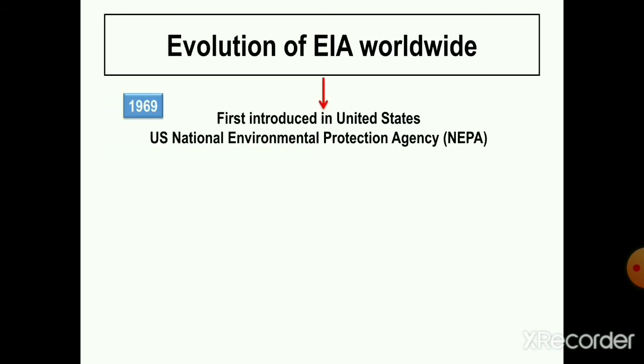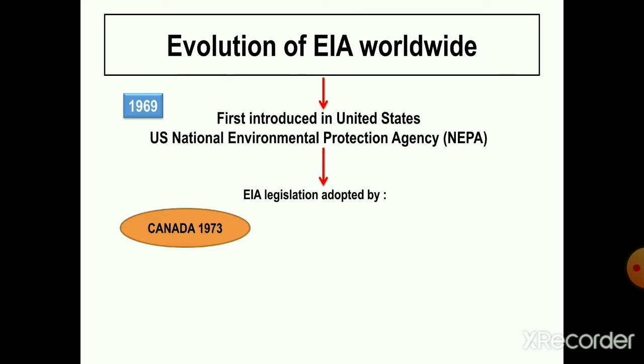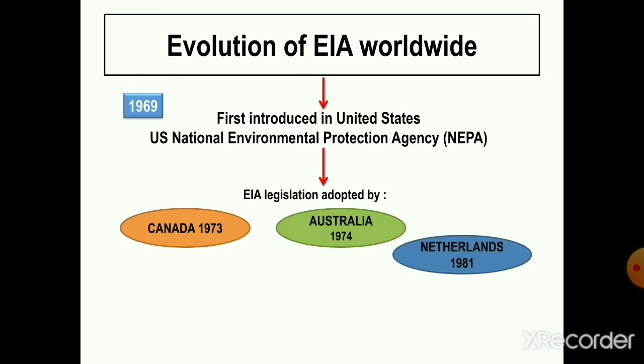After introduction of US NEPA, EIA legislation was adopted by Canada in 1973, Australia in 1974, Netherlands in 1981, and Japan in 1984.